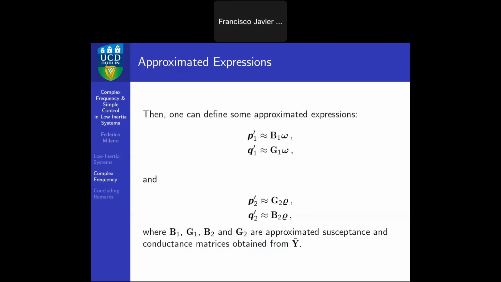Notice that this works also in DC. In DC, you would have that omega doesn't exist, it's always 0 because it's DC. You would have that B is 0 because omega is 0, and so you don't have admittance with the imaginary part, but you still have this part.